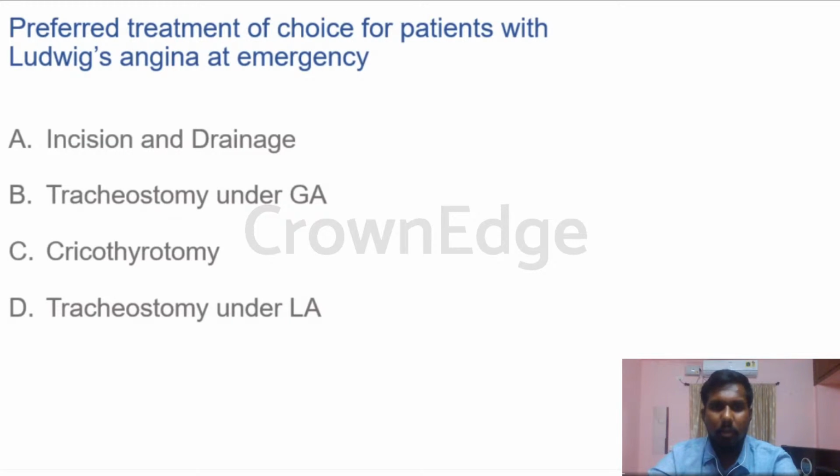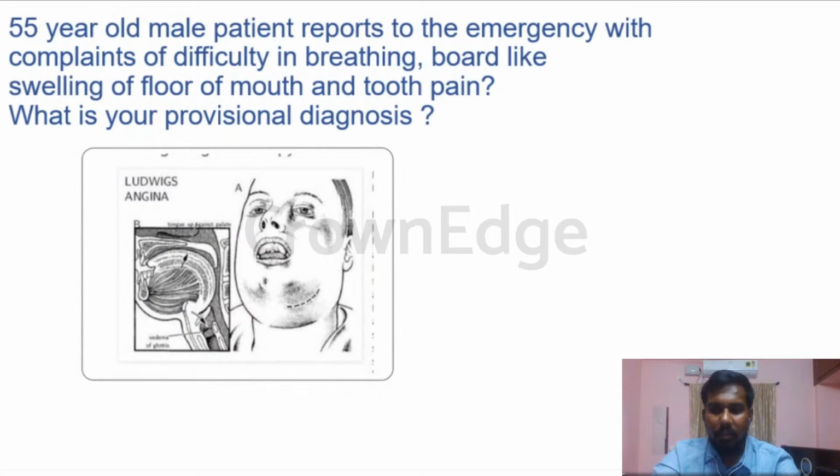Remember, for any patient with Ludwig's angina, the first most important thing for us is not draining the pus. It is never draining the pus first. The first most important thing is securing the airway.